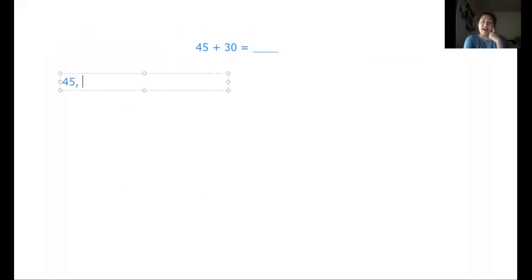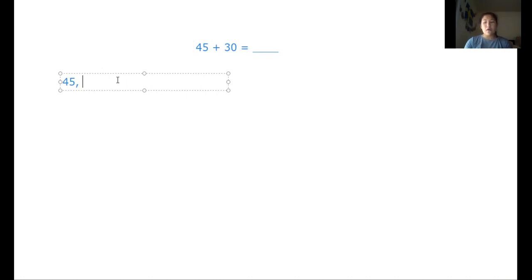Now, do you think that it's a good idea to grab 45 and count on 46, 47, 48, 49, forever until you count on 30 times? Say no way, no way. That's right.